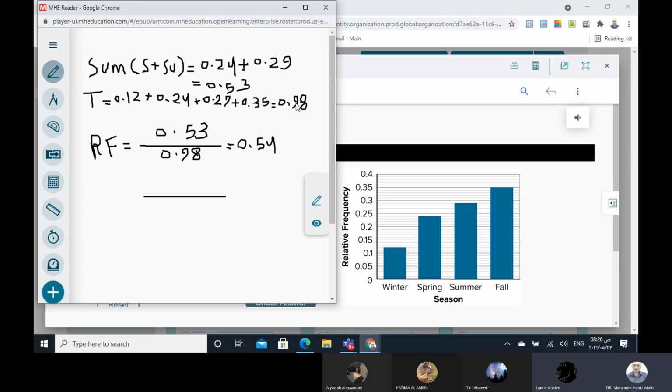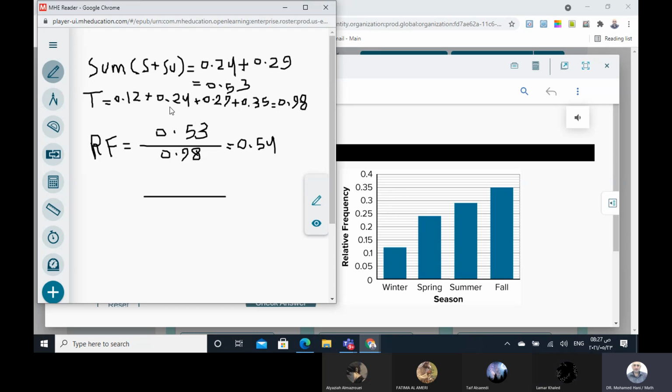Here we have 0.12. Do you have any problem here? No, Mister, because I added it and it gave me 1. Yes, now revise with me. Here we have 0.12. Any problem? No, Mister.